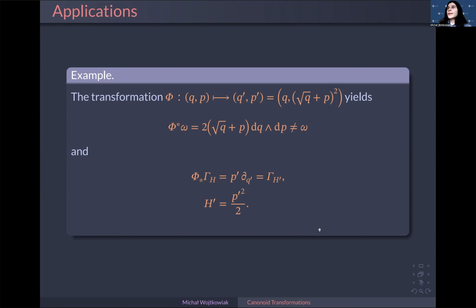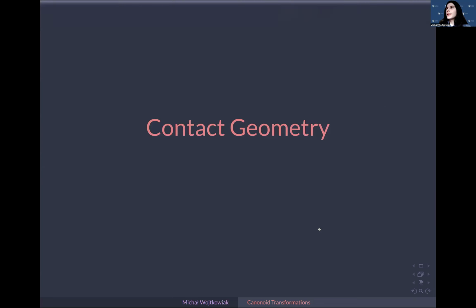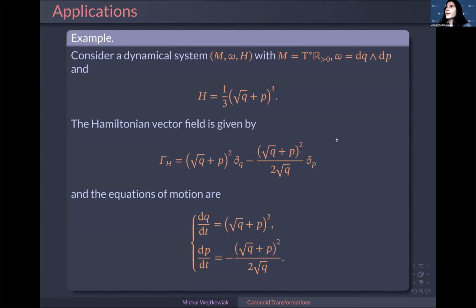Right. So that essentially concludes the symplectic geometry case. But like I said, we can generalize some things to contact geometry, because of course there are many systems which we won't be able to so nicely describe with symplectic geometry.